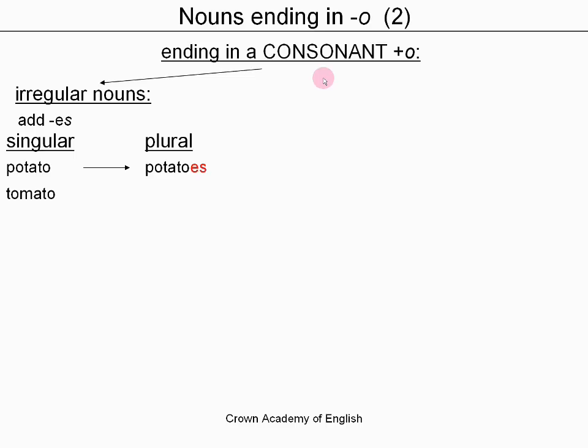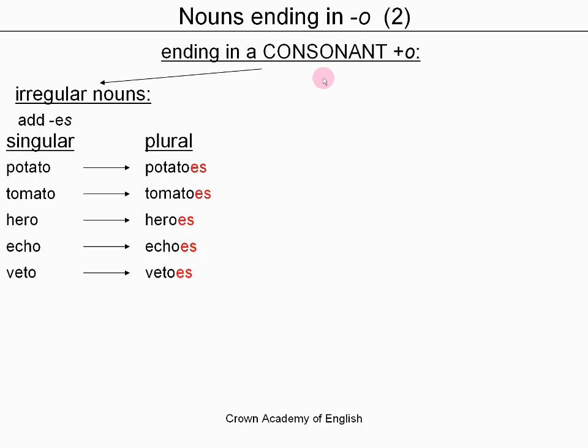Tomato, tomatoes. Hero, heroes, echo, echoes, veto, vetoes, or veto, yeah, it's pronounced veto in fact, and vetoes.